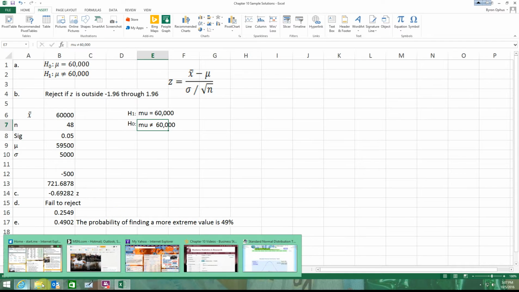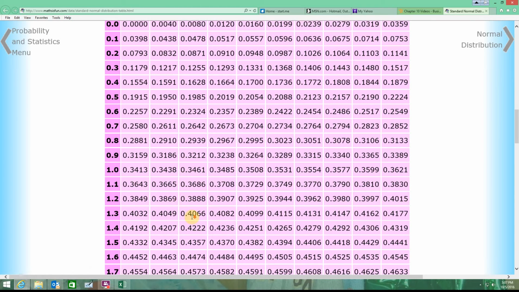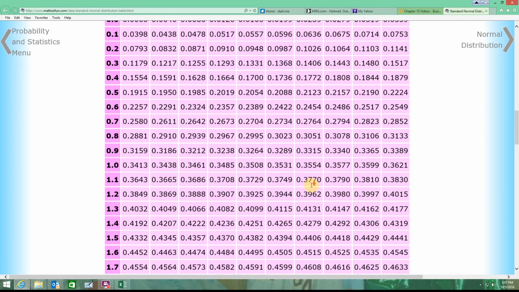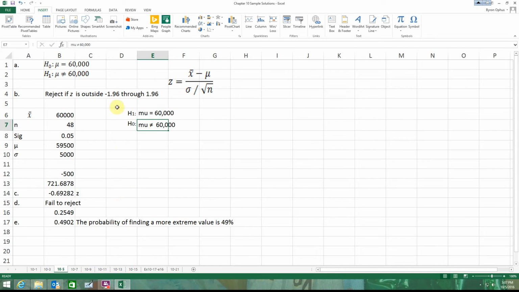I come and take a look down my table, and 0.475 is somewhere in here, right there. 1.96 again. Imagine that. We get pretty good at that. And it's two-tailed, so I reject if Z is outside of negative 1.96 or outside of positive 1.96.